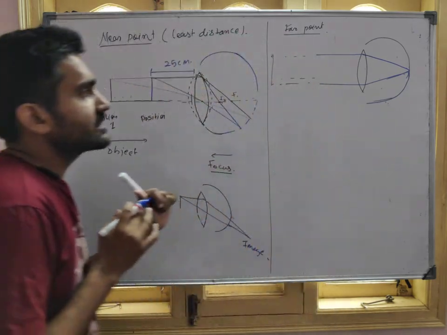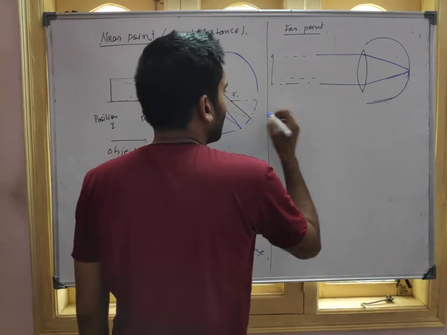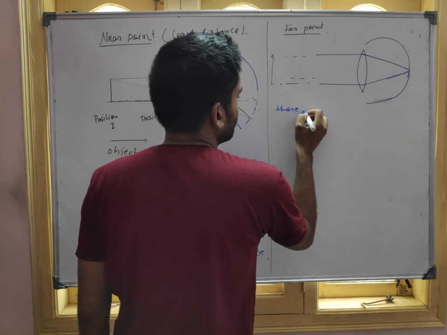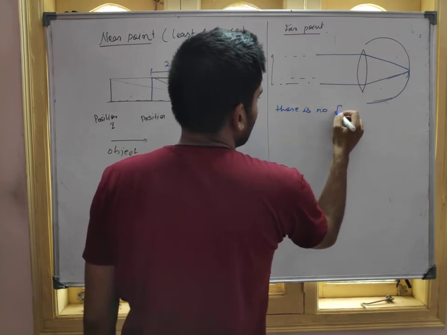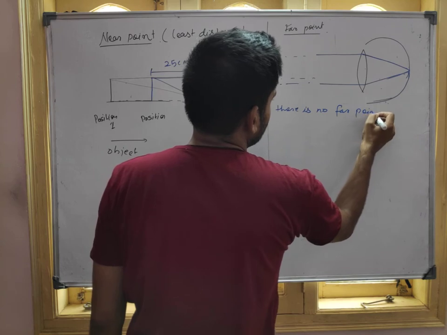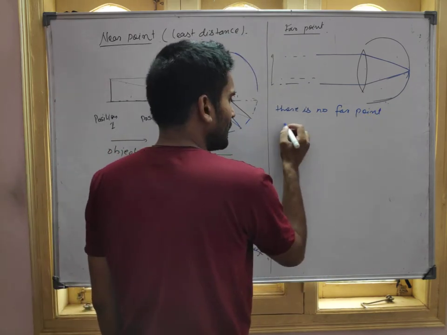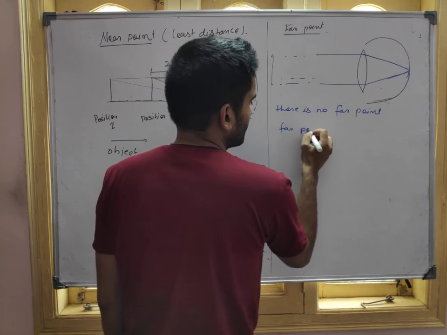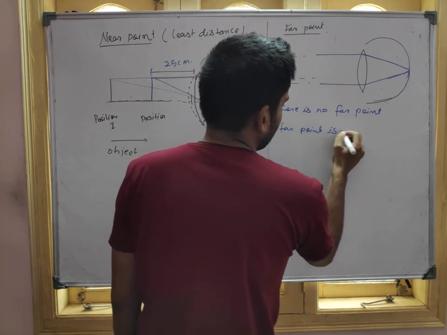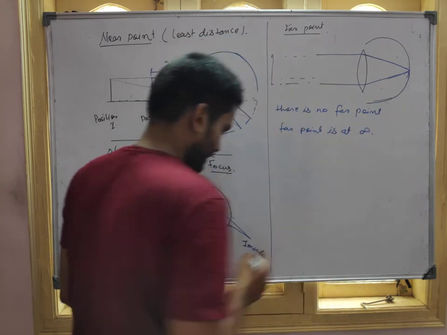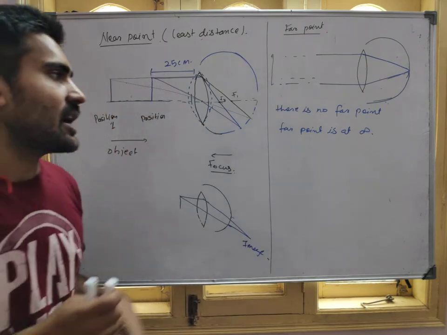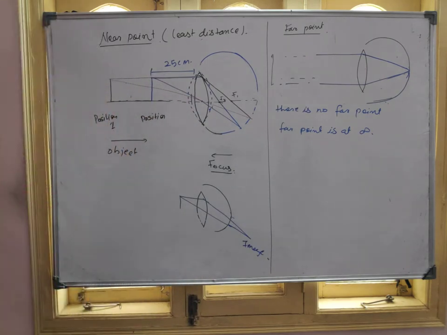So that's why we can say there is no far point. We can say the far point is at infinity. Okay guys, I hope this point is clear for all of you.